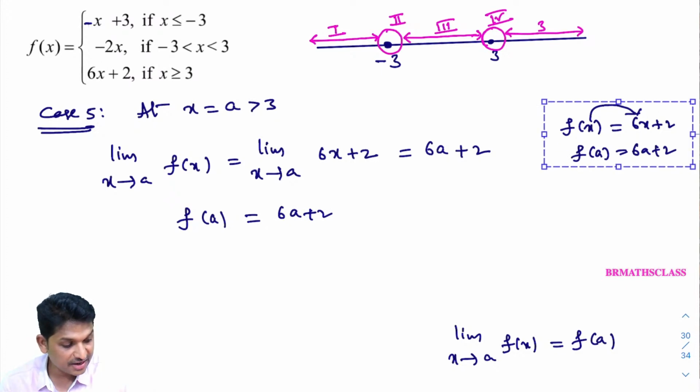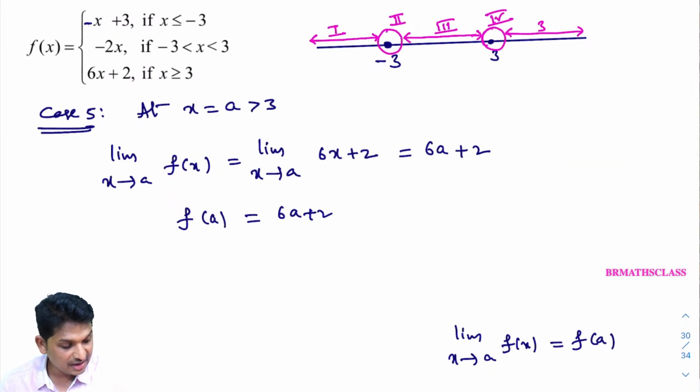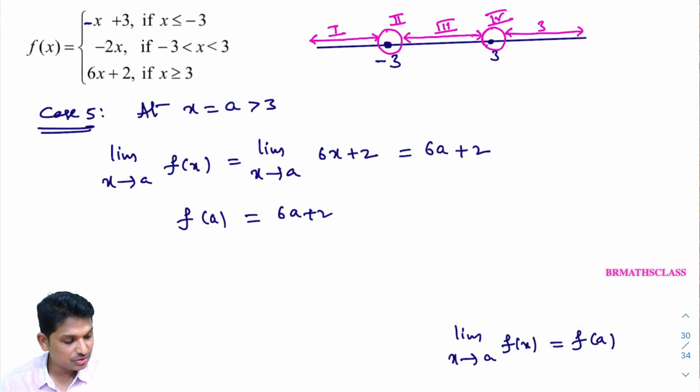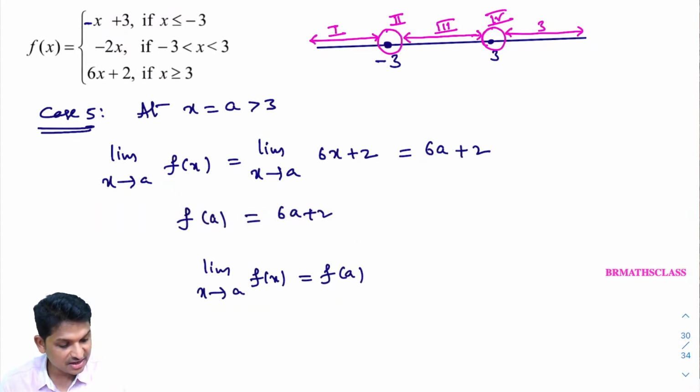So what happened? I calculated f of a, I got 6a plus 2. I calculated this limit, it is also 6a plus 2. So these two are equal or not? Yes, they are equal. Therefore limit x tends to a, f of x equals f of a.